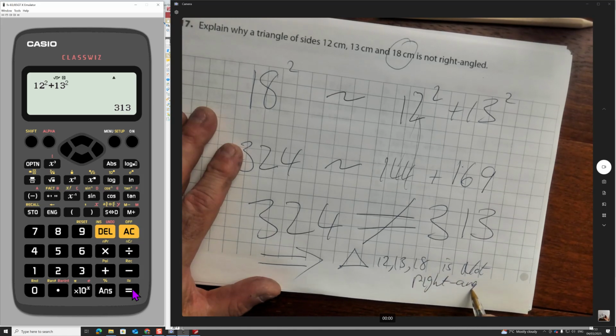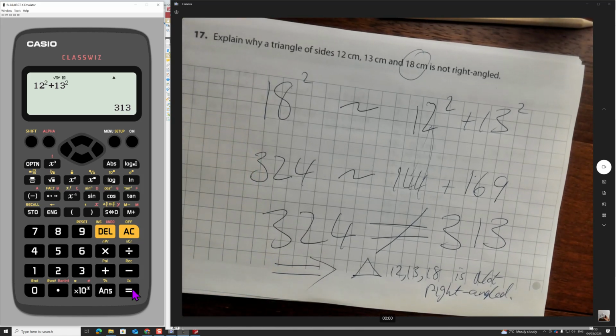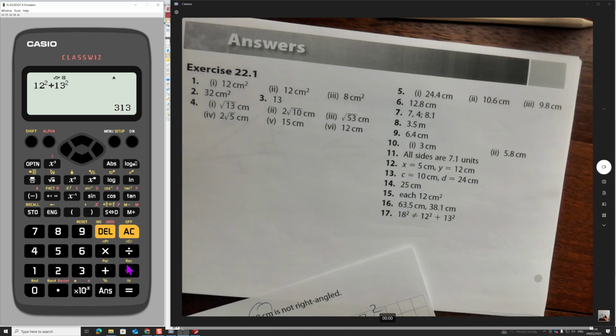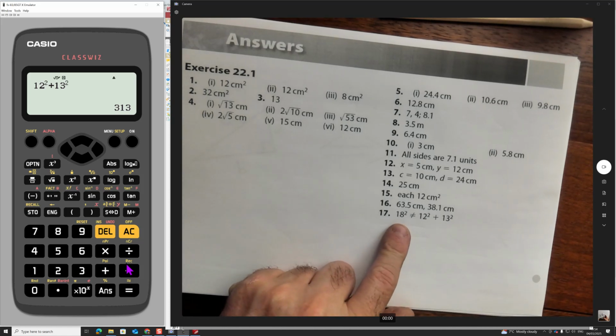We know how to say it is not right angled. Okay. Perfect. Look at that. 18 squared. That's even nicer. Look at that. That was pretty.